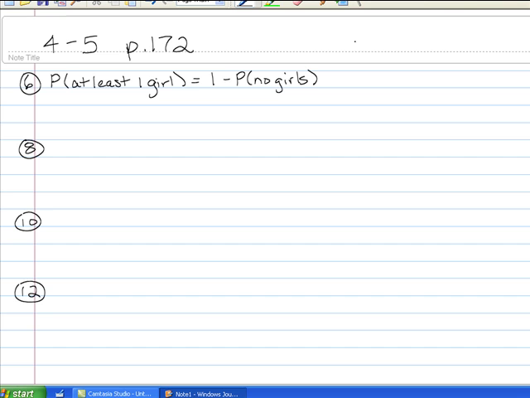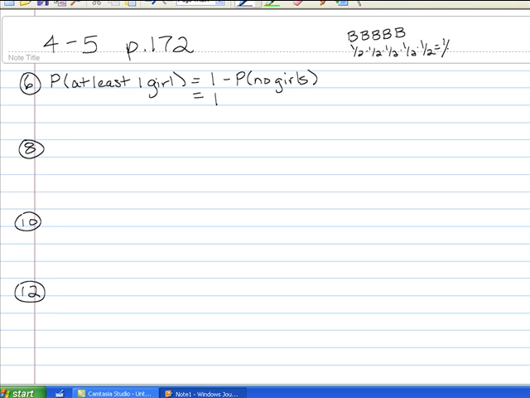Okay, and if we think about this, in order for it to be no girls, we'd have to have 5 boys. And the probability of each child being born a boy is 1/2.